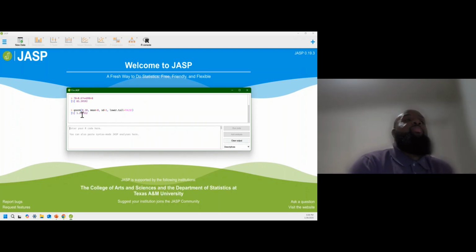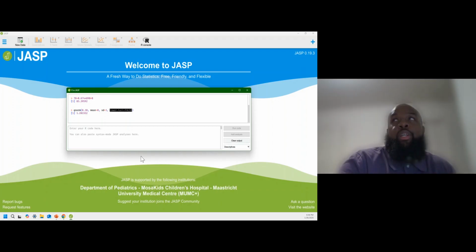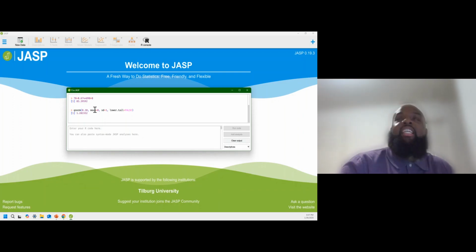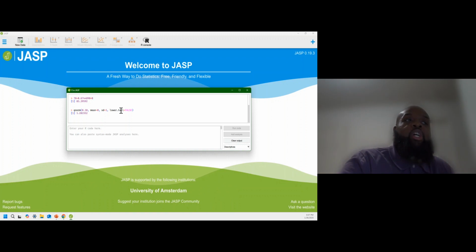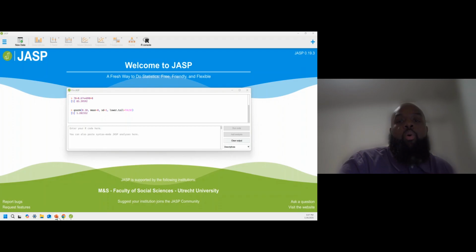Now, let's say that I said, let's use lower.tail equals true. How can I adjust this code to get this same value if I wanted to use lower.tail equals true? So let's say that JASP was not able to actually give me the lower tail. Well, I'll tell you.